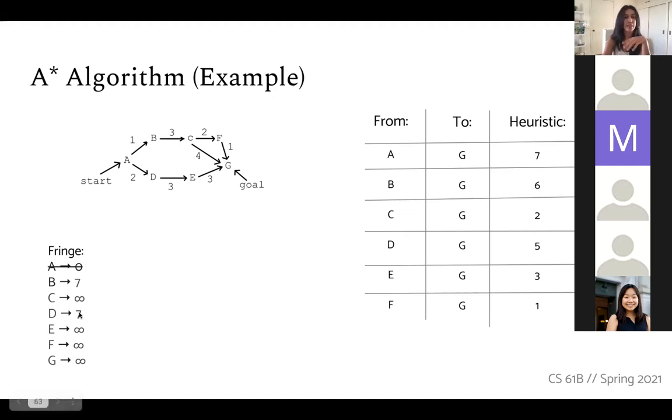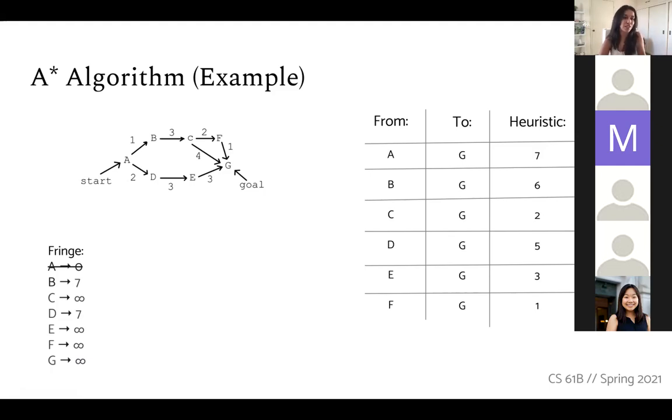For D, similar thing, except it costs 2 to get from A through D, and D has a heuristic of 5. So we're going to add the 2 and get 7. Now, since B and D both have the same weight, and I haven't mentioned any tie-breaking scheme, we're going to assume this tie-breaking scheme is random. However, typically it's numerical or alphabetical.